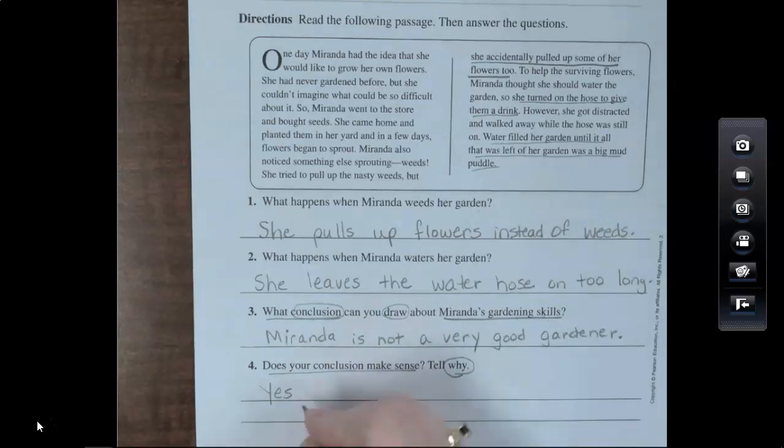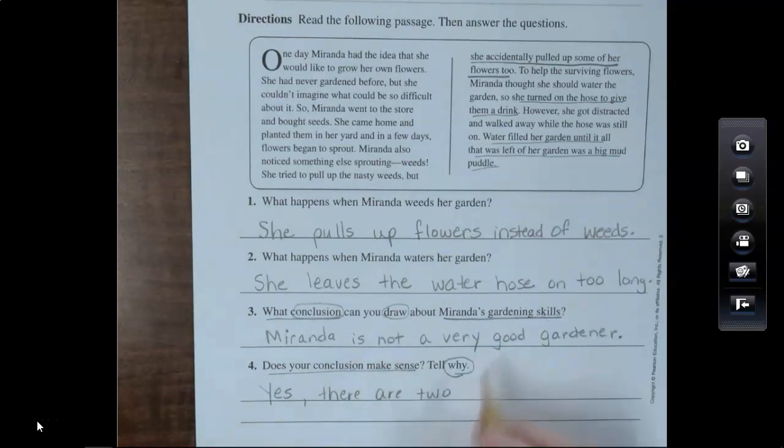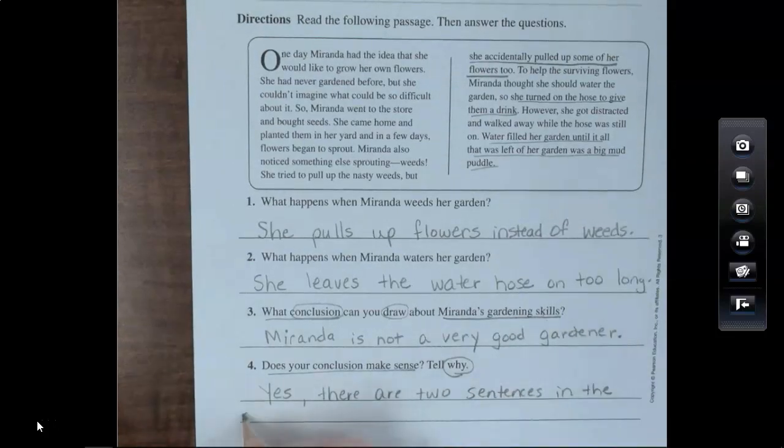Well, there are 2 sentences in this story that show that Miranda is doing the wrong things. So if she's doing the wrong thing, she's not a good gardener. If she was doing the right things, we'd think she was good at it. But our conclusion makes sense because there are two sentences in the story that show Miranda doing the wrong things.